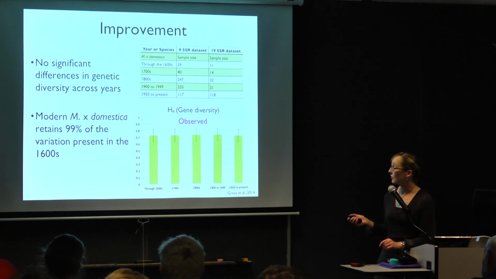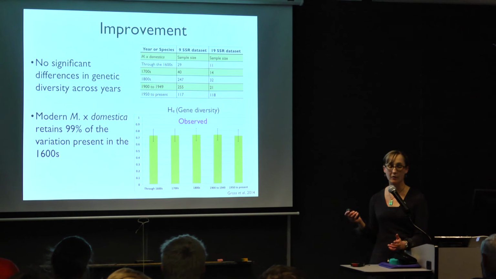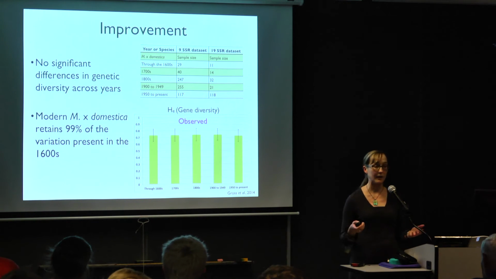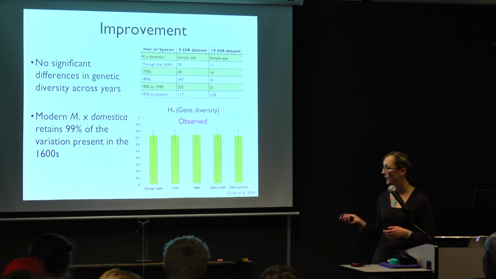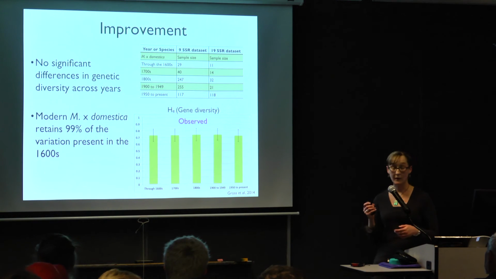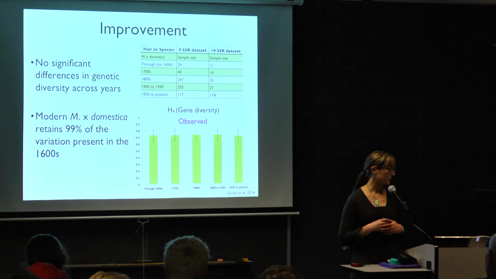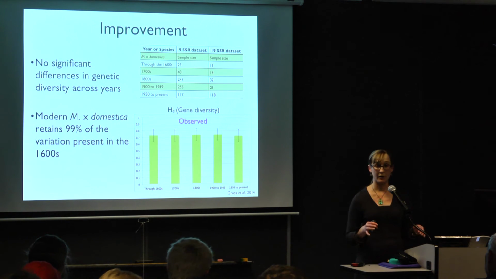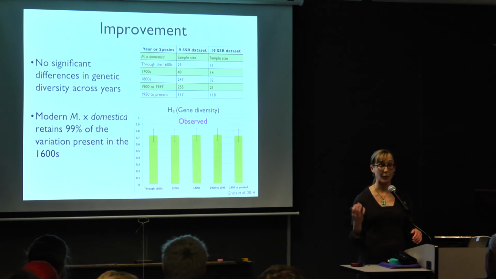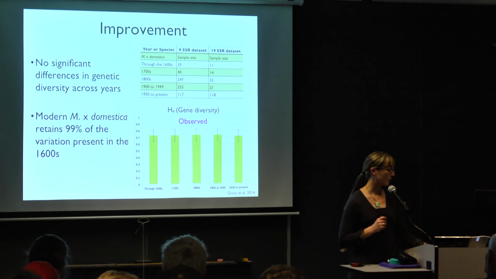And if you want to do a direct comparison, modern Malus domestica has 99% of the variation present in varieties from the 1600s and previously. So extremely low changes in genetic variation through time in domesticated apple, at least based on these markers.